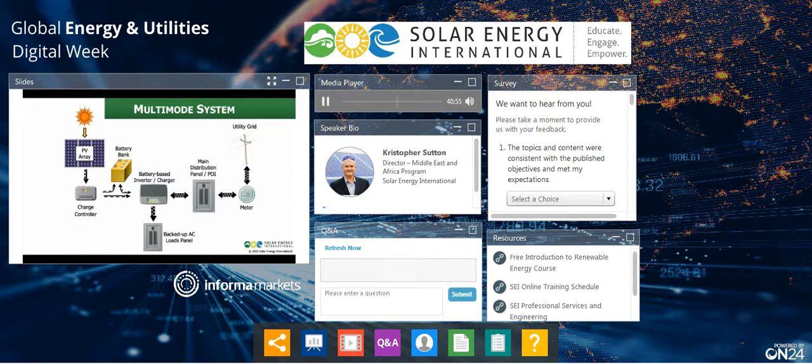Now, with these different ideas, another thing that we can do is a term that we use called a multi-mode system. Multi-mode system generally means it's something that is able to be off-grid or grid connected, or often grid synchronizing potentially. And so multi-mode just means this inverter basically is able to operate in different modes depending on the condition, maybe with or without an AC generator, with or without the utility grid, and then being able to operate as a standalone system.